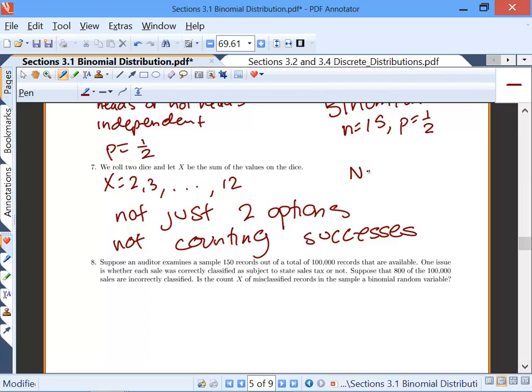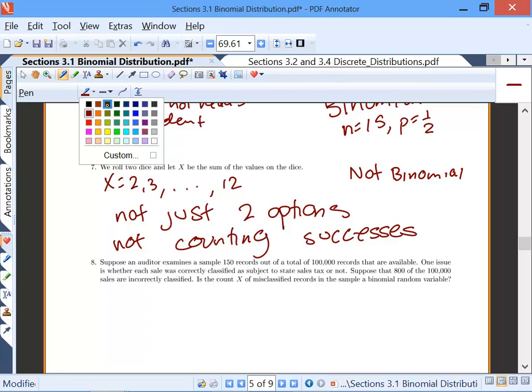So, not binomial. So any questions so far? Doesn't seem too bad. Of course, we'll throw in a lot more distributions into the mix before we end today.